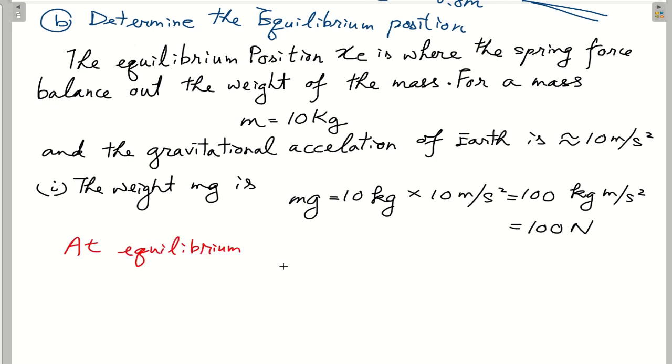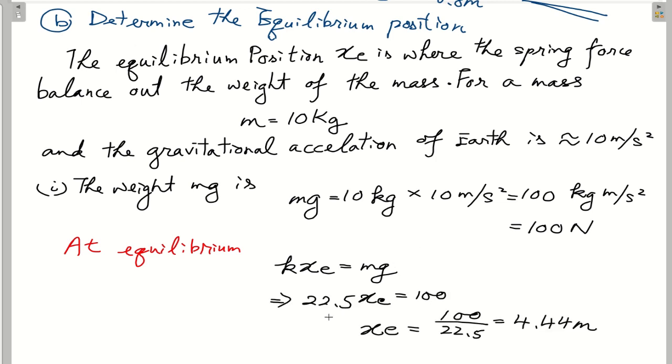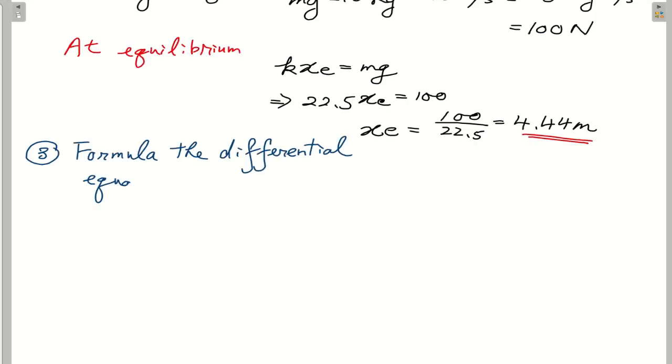And at equilibrium, k times xe is equal to mg. From the above, we know that k is equal to 22.5, so 22.5 times xe is equal to 100, so xe is equal to 100 over 22.5, equal to 4.44. With the values of xe and k, we then formulate the differential equation of the motion.